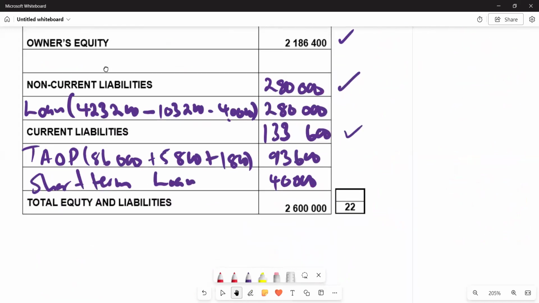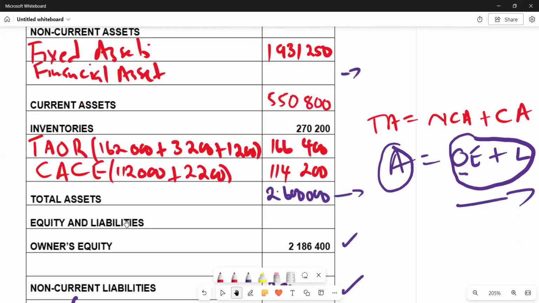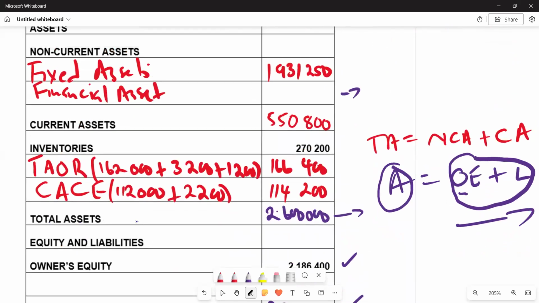For us to find the balancing figure as financial asset here, we are going to say, if you add the total for non-current assets and the current asset figure, you are supposed to get 2,600,000.